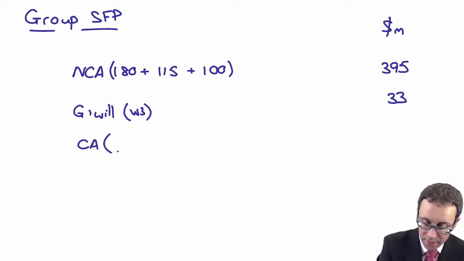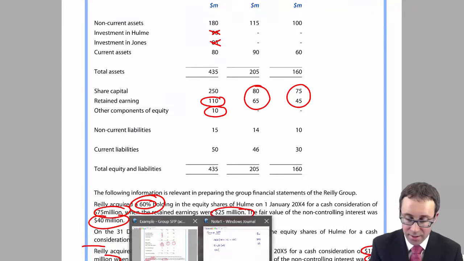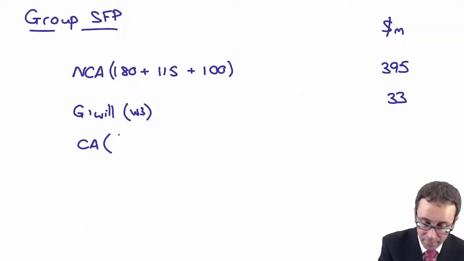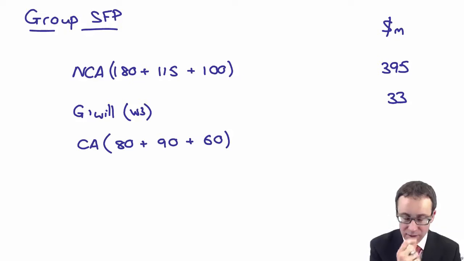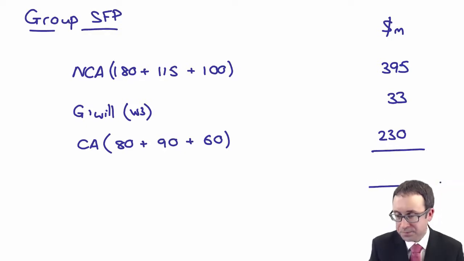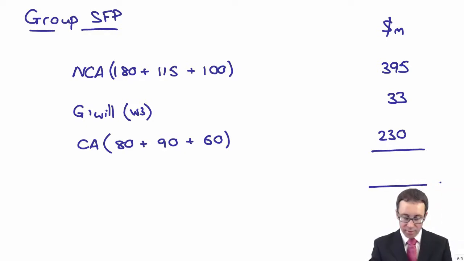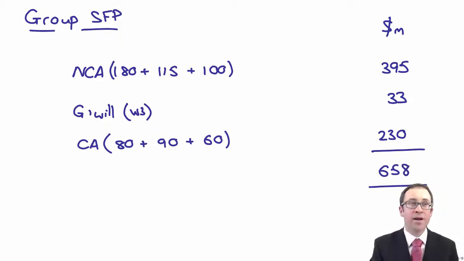The current assets that we have are 80, 90, and 60. 80 and 90 is 170 plus 60 is 230. And if I do 395 plus 33 plus 230, that gives me 658 on my calculator.